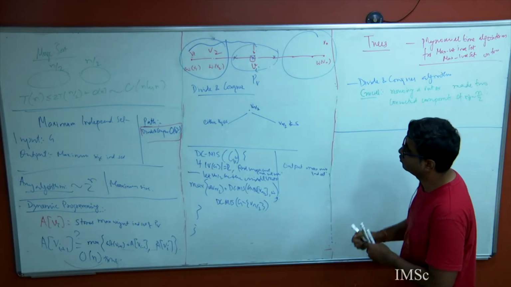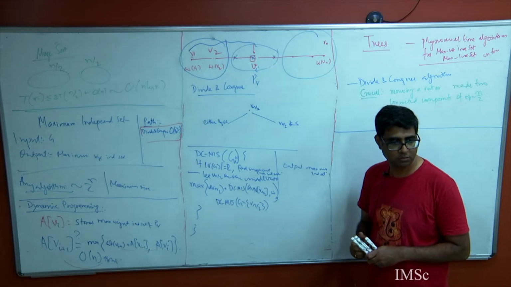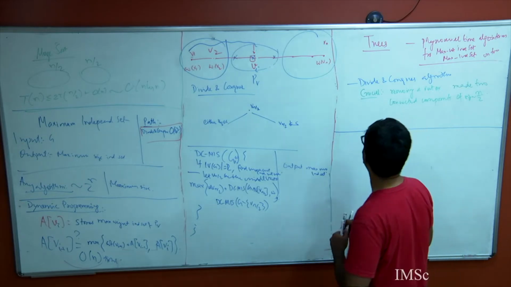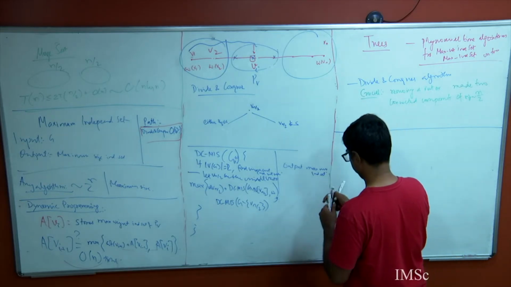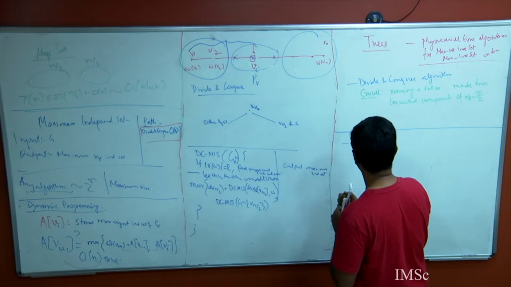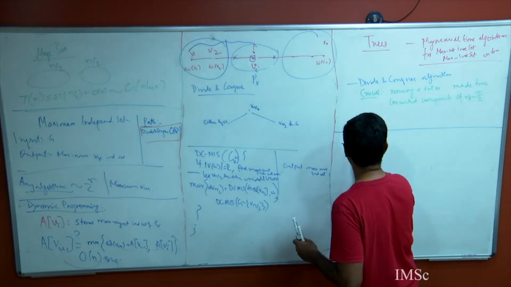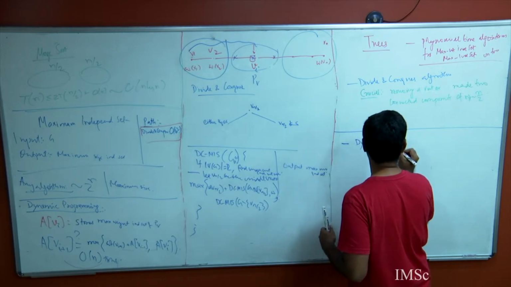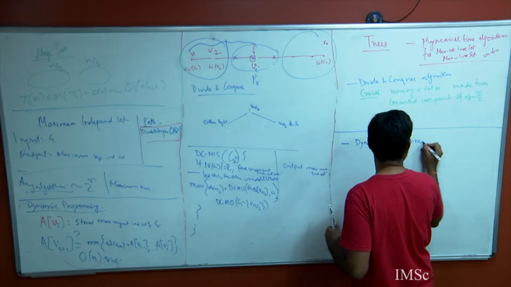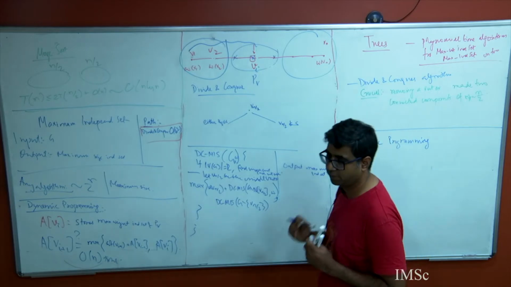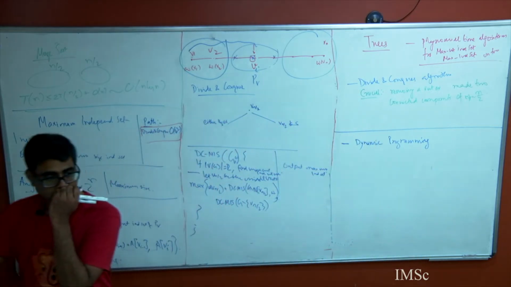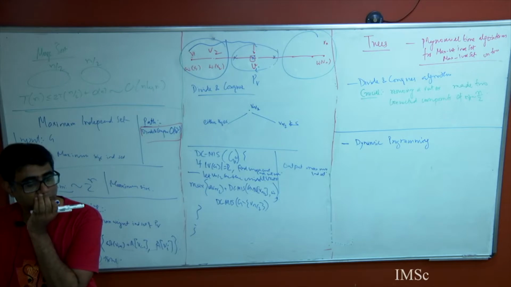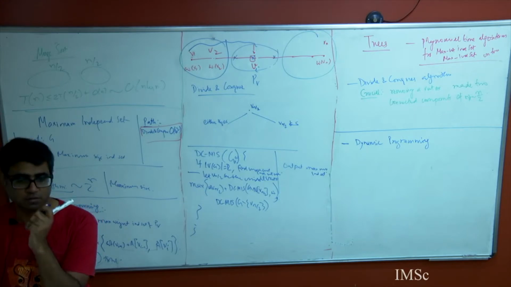And what was crucial for the dynamic programming algorithm? There was an ordering of vertices by which we could process the graph.